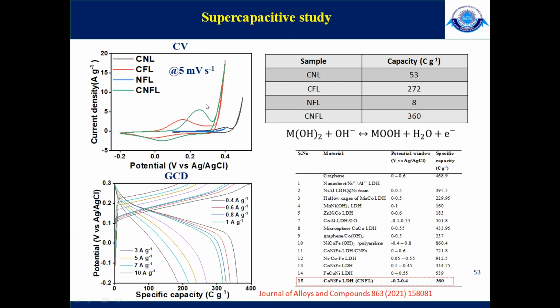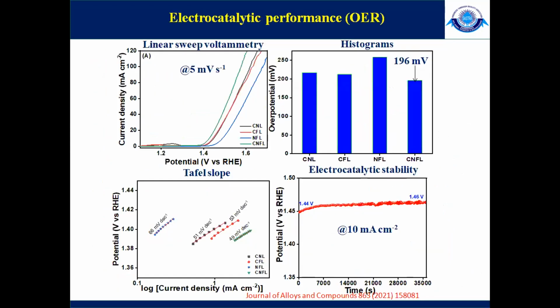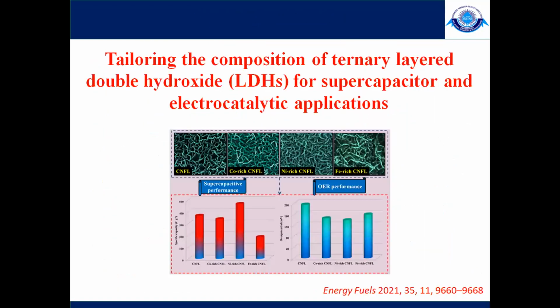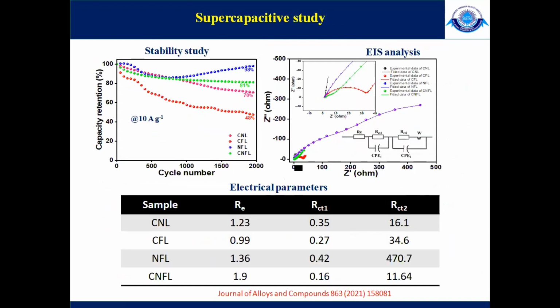The maximum specific capacity obtained for the ternary layered double hydroxide was 360 coulomb per gram, which is quite a bit higher than other binary layered double hydroxides. In this study, we tailored the composition of the ternary layered double hydroxide.